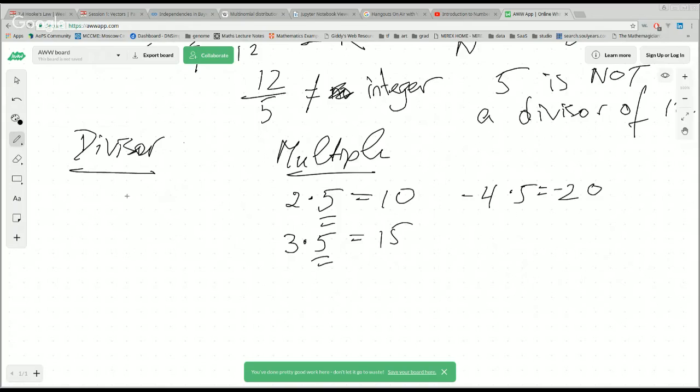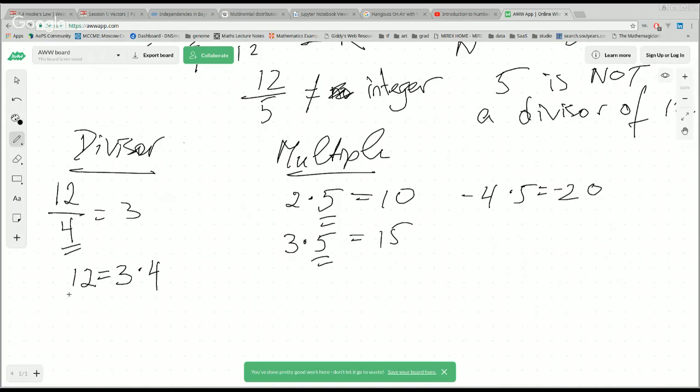Now, let's look at our divisor again. What do we see? Let's say we have 12 divided by 4, and we know that is 3, and we established that 4 is a divisor of 12. Now let's multiply both sides of this equation by 4, and we get 12 equals 3 times 4. And what does this tell me?